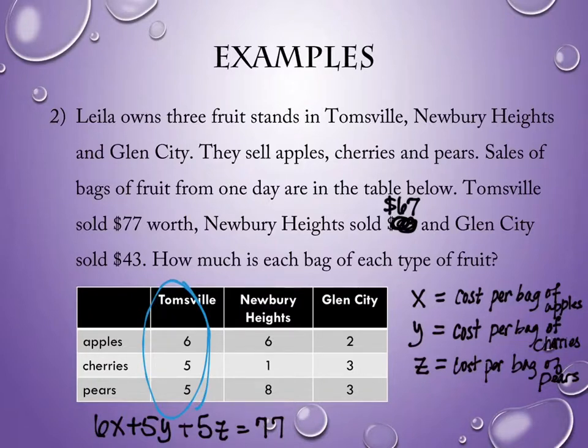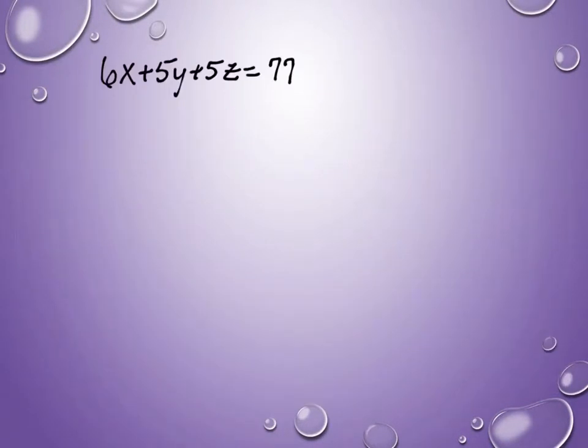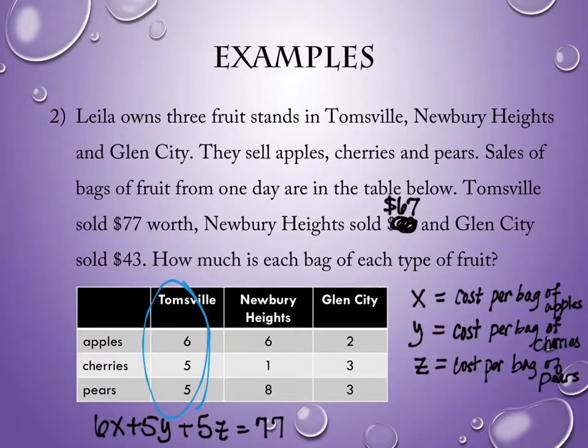Okay, so you have your table written down. I'm going to flip my slides so that we can keep working. But we said that this is 6x plus 5y plus 5z equals 30. No, I'm sorry, 30 was my number 4. 77? Is that what I had? Yeah, okay, good. How about my second column? What was it?